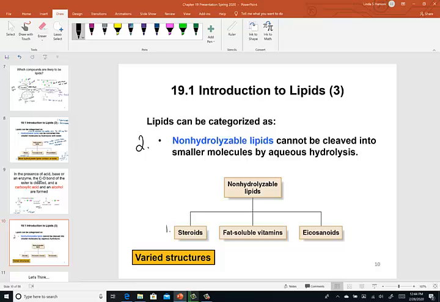Those are steroids, fat-soluble vitamins, and eicosanoids. Think of the number 8, E-I-G-H-T. Eicosanoids is how you pronounce that word. And that's the 3rd non-hydrolyzable lipid that you should know as not being able to be broken down by adding water.